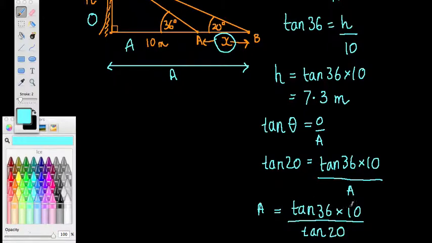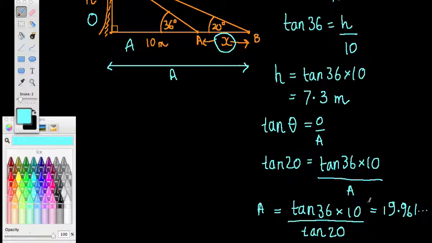Tan 36 times 10 over tan 20 will give me this side here, A. Put that into your calculator, and what we get is 19.961, etc. It keeps going. I'm leaving it like that just until the final step. I'm only going to round at the end.